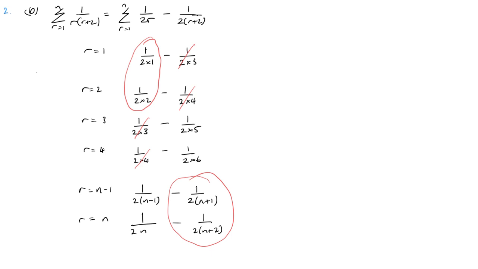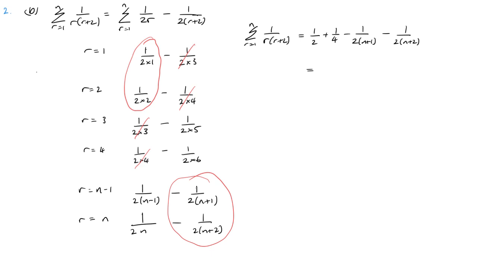Now we've got the sum of 1 over r plus 2 between 1 and n is equal to 1 over 2 plus 1 over 4 minus 1 over 2n plus 1 minus 1 over 2n plus 2.